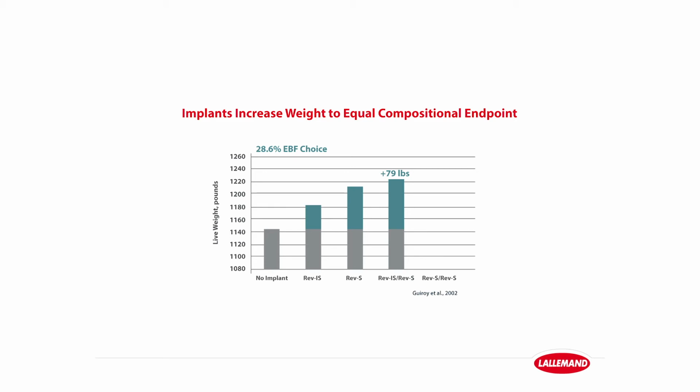And if they were given two Revelor S's, they had to almost be 100 pounds heavier. So the point being, the more potent the hormone dose put into the animal, the heavier they need to be and the longer they need to be on feed to reach the same compositional endpoint.